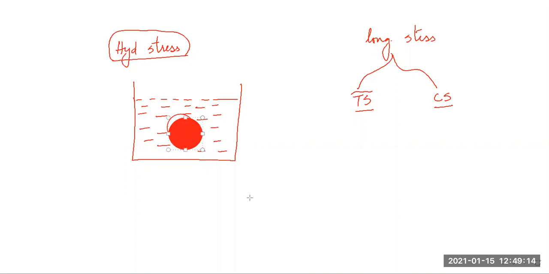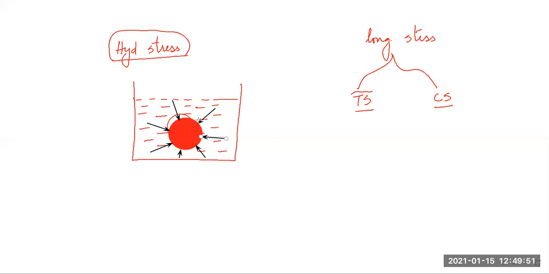See, students, now there are external forces acting on the body from all the directions, but all the external forces which are acting on the body, if you draw the tangent at which a particular force is being applied by the fluid, this force will be perpendicular to the tangent.